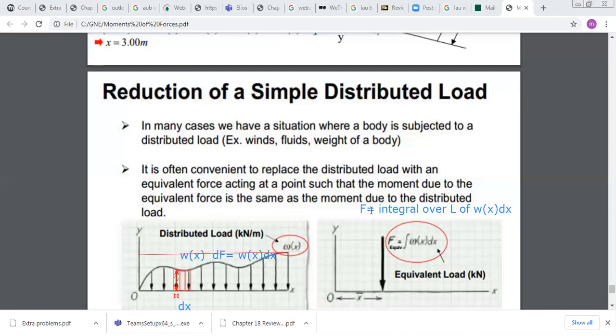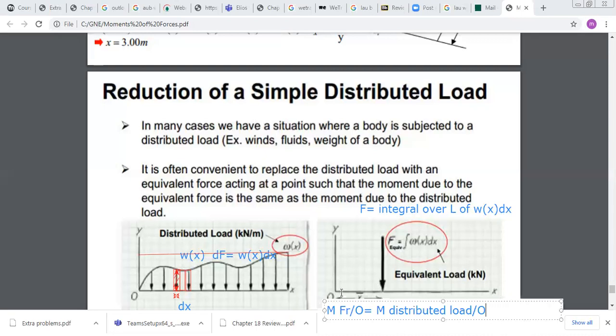So I will write the condition. The moment of F resultant about O should be equal to the moment of the distributed load about O. Now, for the resultant force, what is the moment?